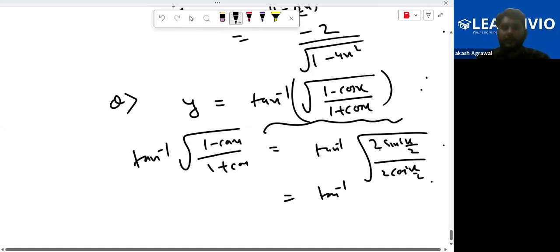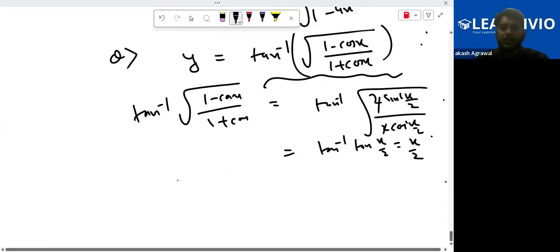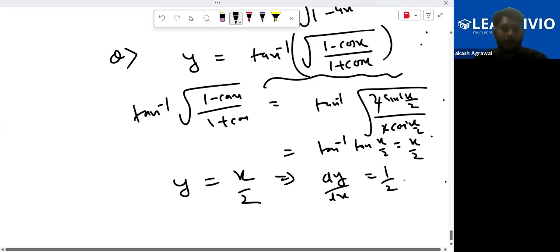Okay. So tan inverse, the 2 and 2 are gone. This is tan square x by 2, root is tan x by 2. So finally x by 2. So the question actually is y equals x by 2. To differentiate this, I don't think we need to use a lot of brain. So the answer is 1 by 2. Yes.